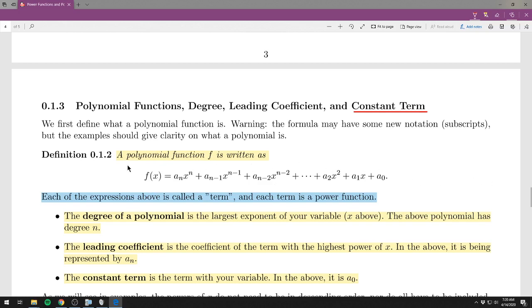If you're not familiar with it, a polynomial function f of x can be written like this. We have a subscript n times x to the n power plus a subscript n minus 1 times x to the n minus 1 power, and so on down to a2 times x squared plus a1 times x plus a0.